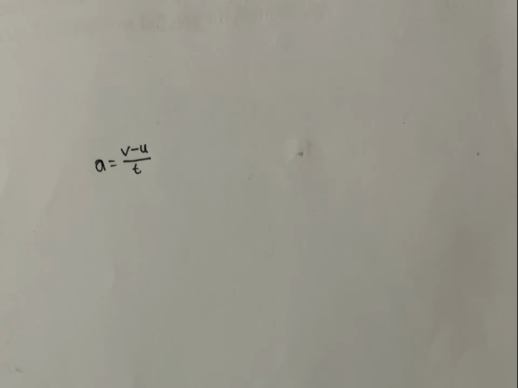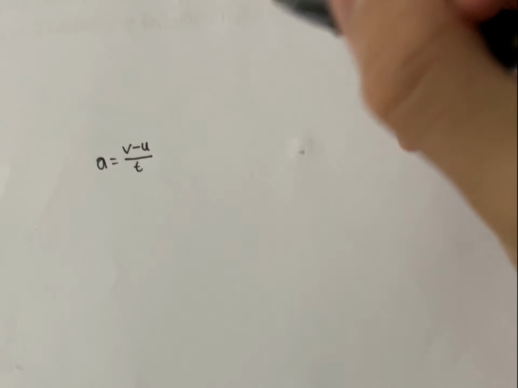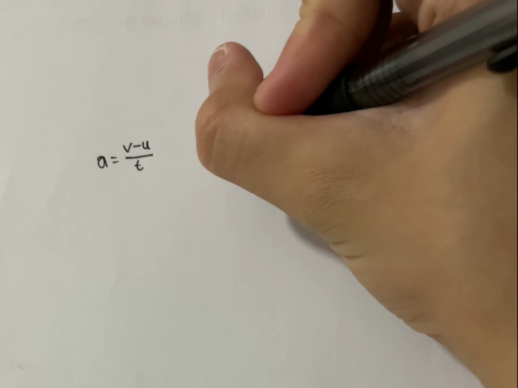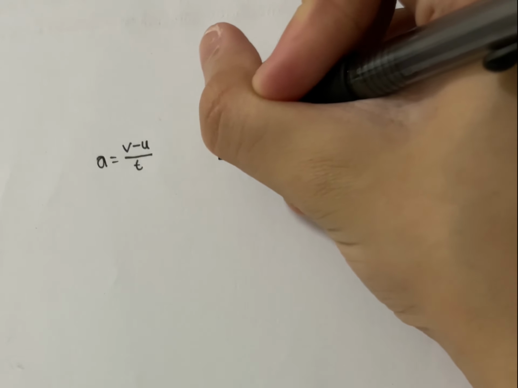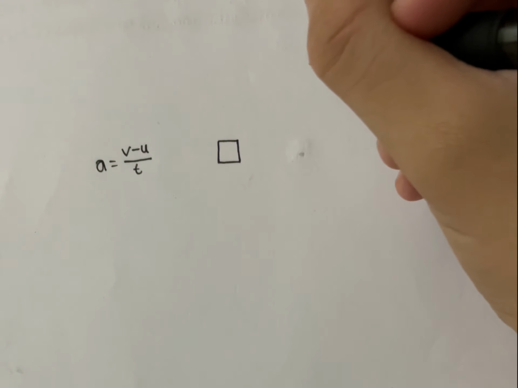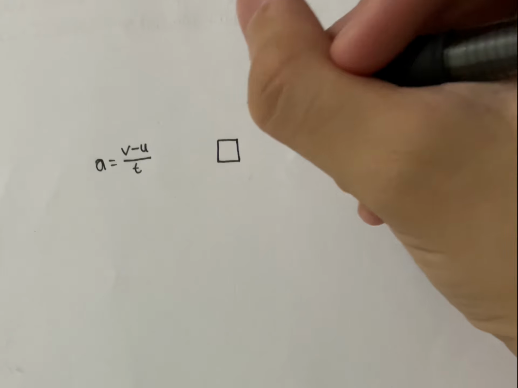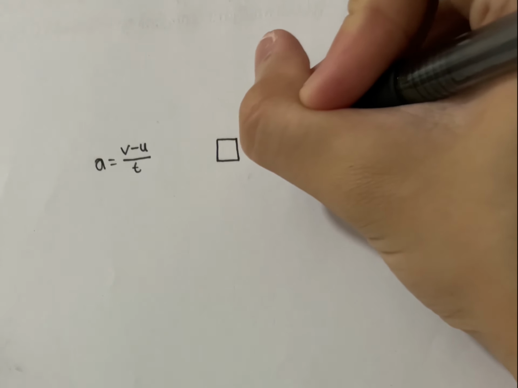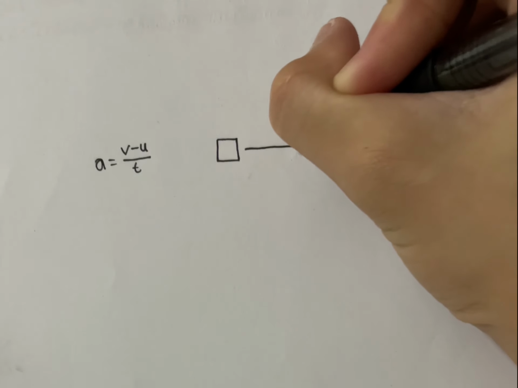Okay, so let's try a little fun problem here. Let's say we have a car here. Remember, in physics, we don't really need to draw the actual car. We can just draw a box, right? So let's just say it's traveling this way.